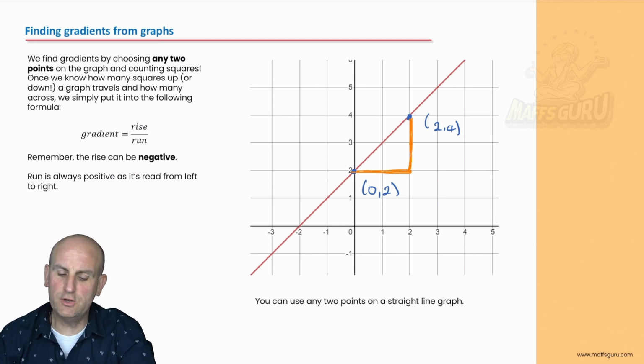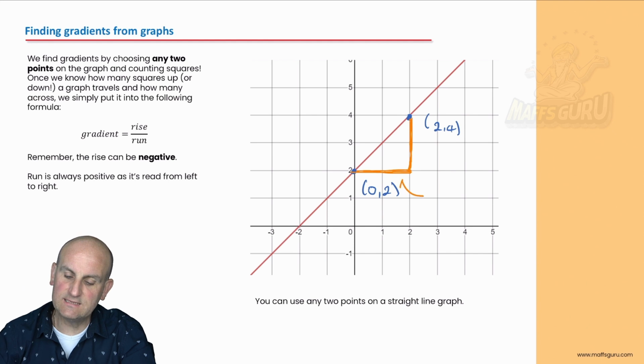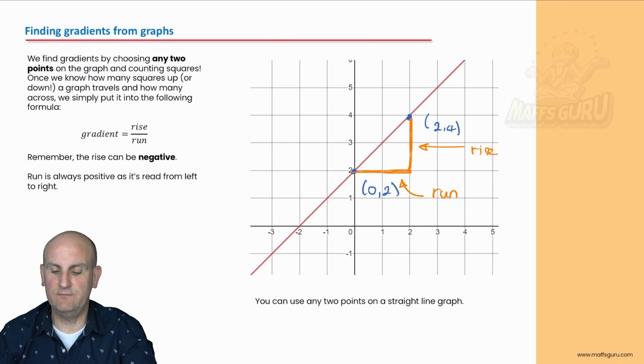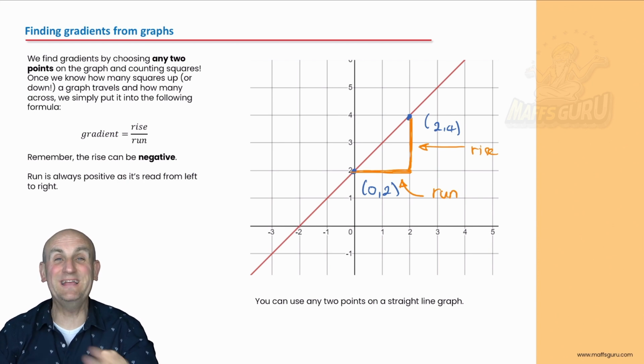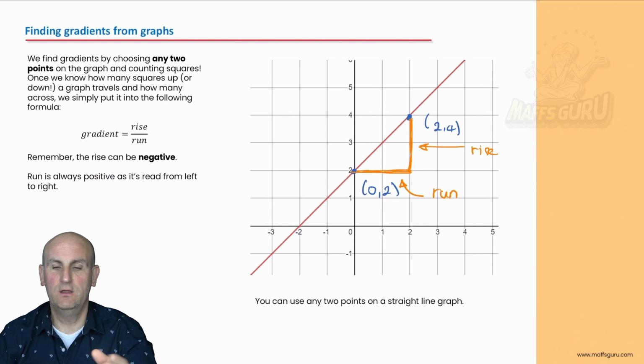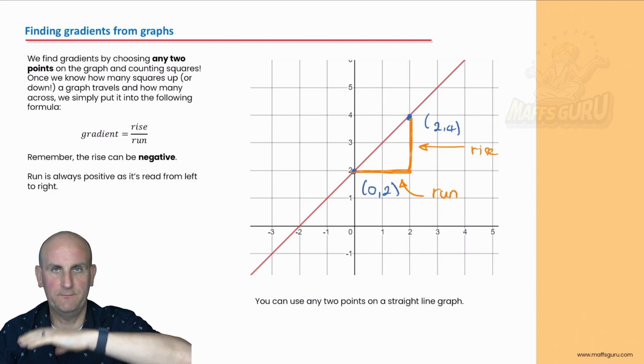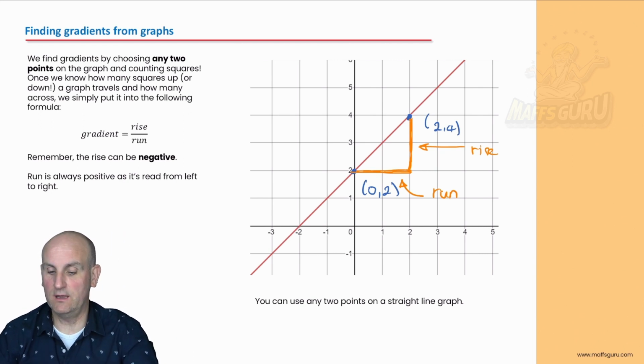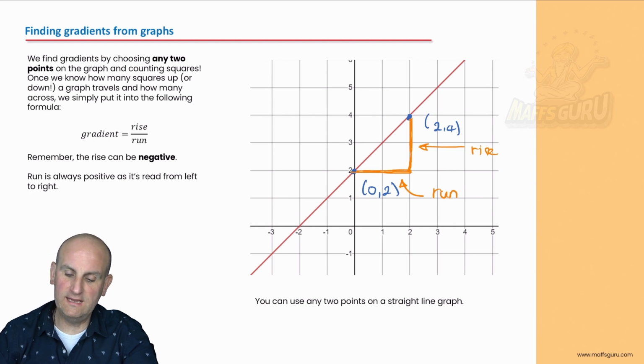So what we should now know is that distance along the bottom there, that number of squares, is actually equal to my run. And that height is my rise, because height and rise mean exactly the same thing. So gradient is basically just some sort of measure of how many up I go in comparison to how many across I go.